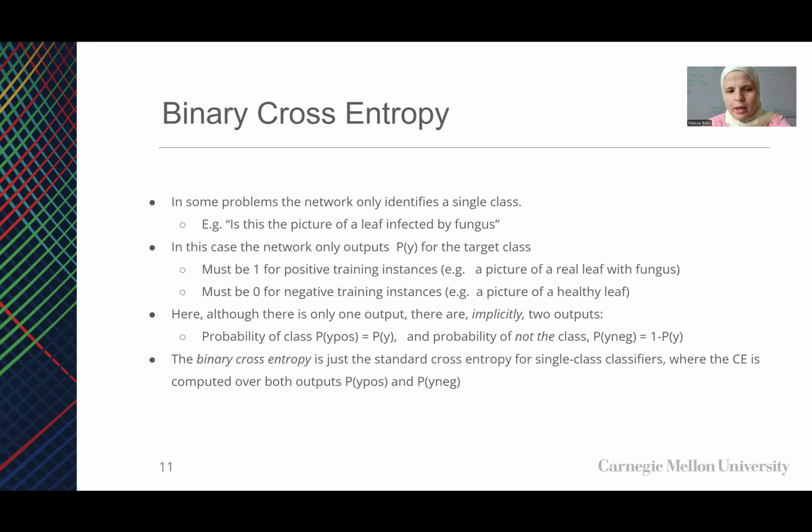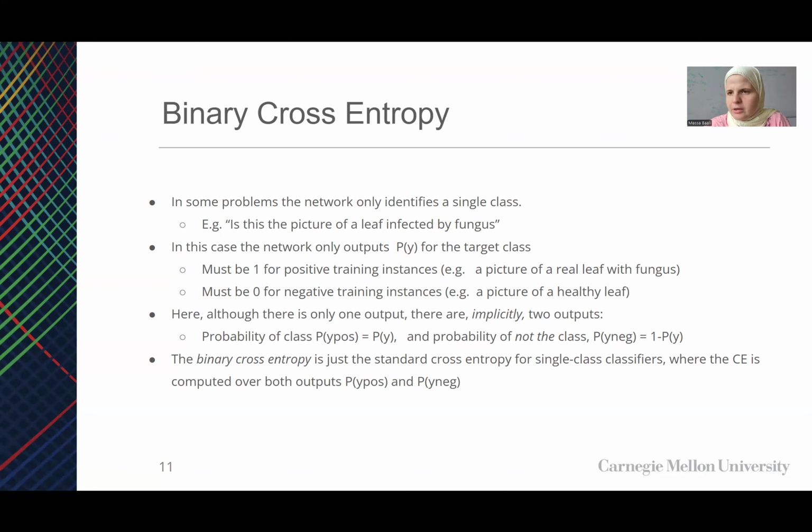It must be 1 for positive training instances, a picture of a real leaf with fungus, and 0 for negative training instances, a picture of a healthy leaf. Although there's only one output, there are implicitly two outputs: the probability of the class, py positive, which equals py, and the probability of not the class, py negative, which is 1 minus py.